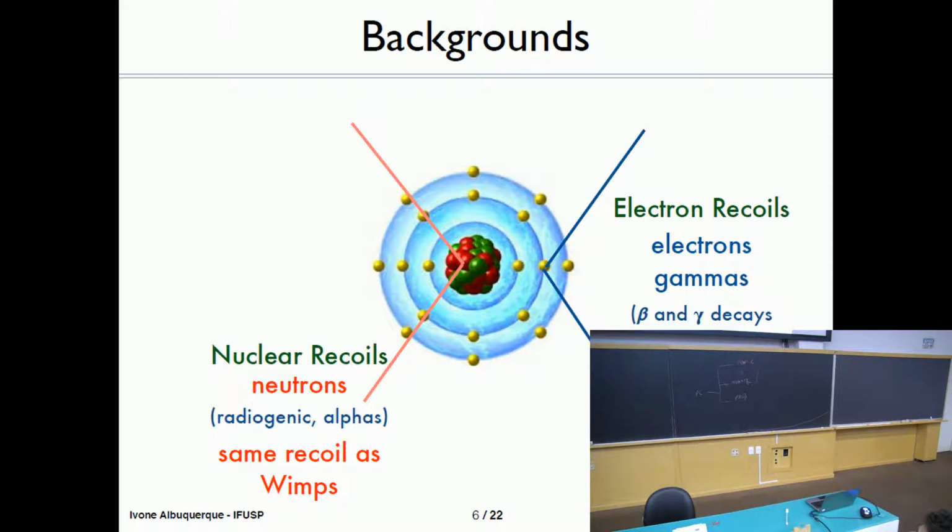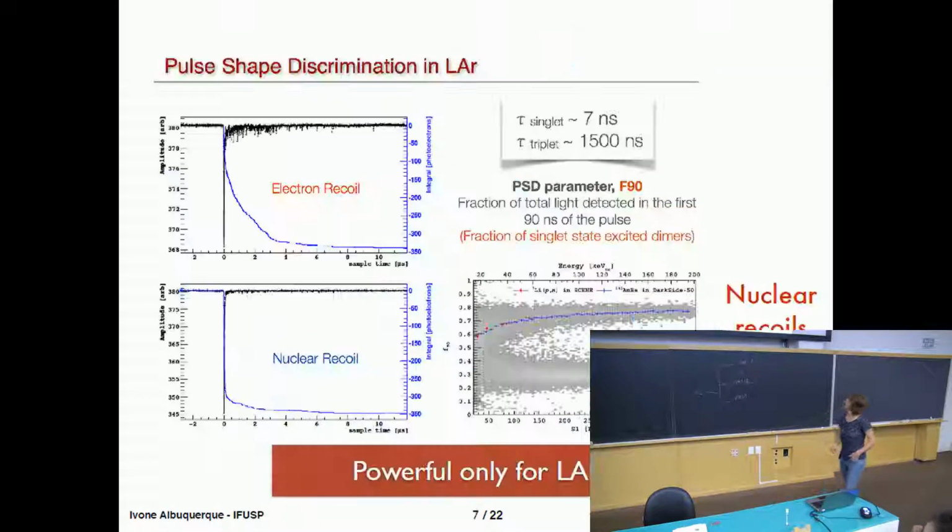So in this sense, you have electron recoil, and the background which most resembles the WIMPs is a neutron recoil, which will interact with the nucleus, and this interaction gives the same recoils as the WIMPs. So we need to make sure that our detector is free of neutrons in the final selection.